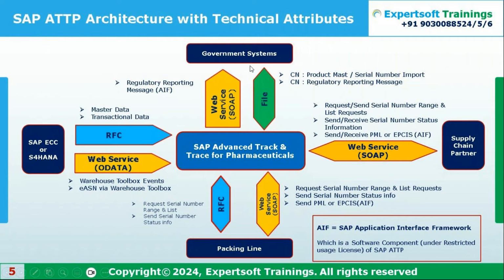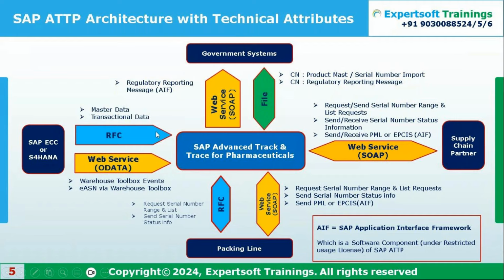Now again, I'm coming back to the same diagram and giving you a little exposure to what we do here. From ECC or S4 HANA, whatever system you have, or EWM, you are connected with RFC or web services. These are internal systems, though it might be a different box.